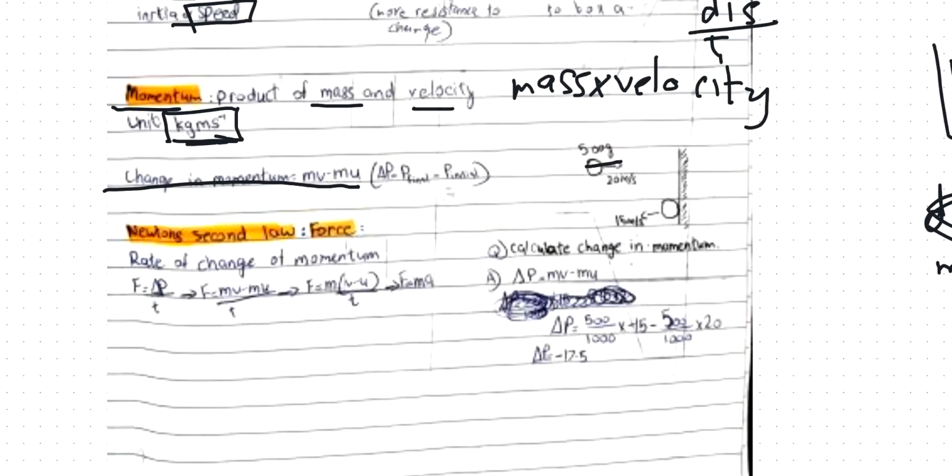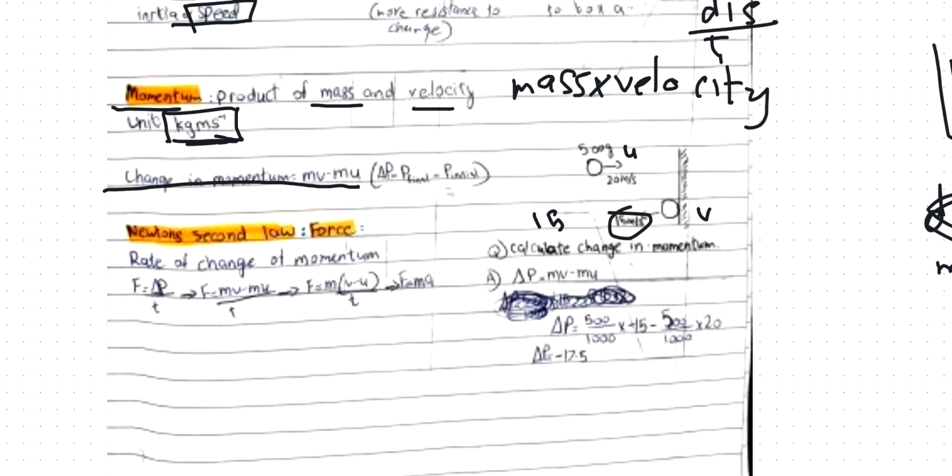It hits the wall, and then it moves in the opposite direction at 15 meters per second. 15 meters per second is the final velocity, and the initial velocity of the ball is 20 meters per second. So they are asking me, how do you find the change in momentum?